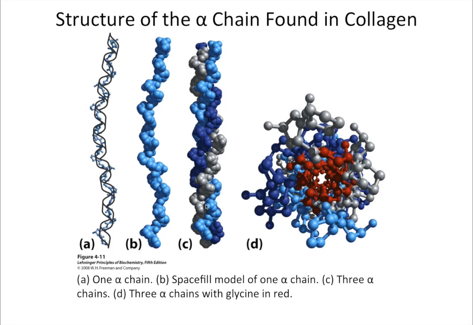What happens with collagen is you have 3 alpha chains that are super twisted together to give you a triple helix, also known as tropocollagen structure. Triple helix or tropocollagen, so it's T-R-O-P-O-C-O-L-L-A-G-E-N.